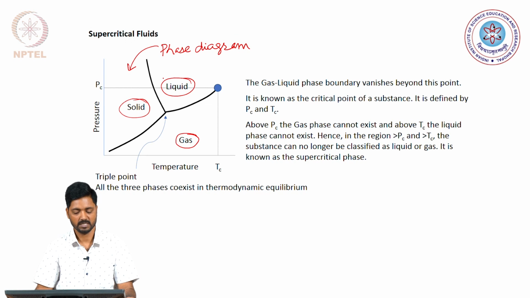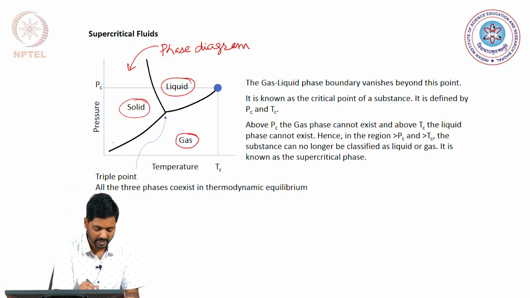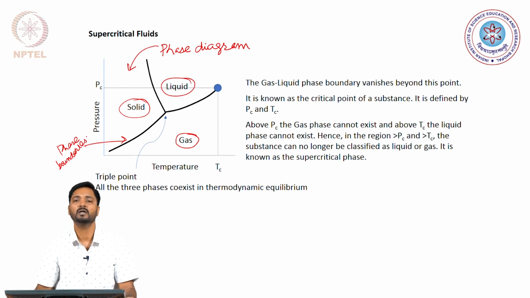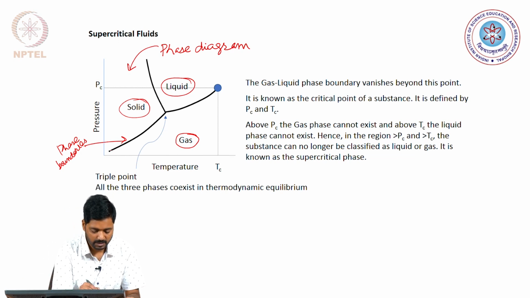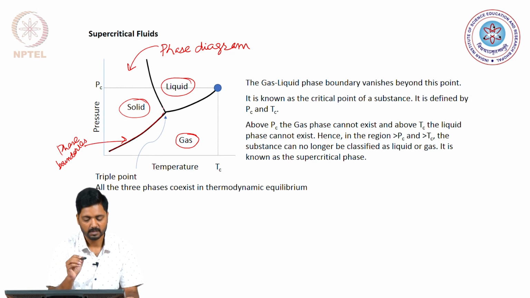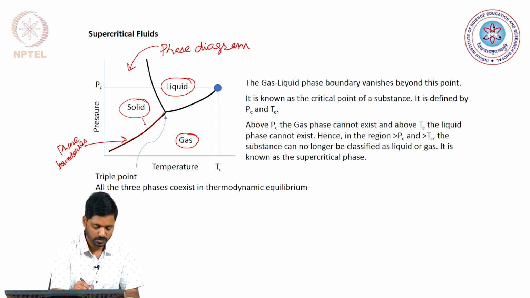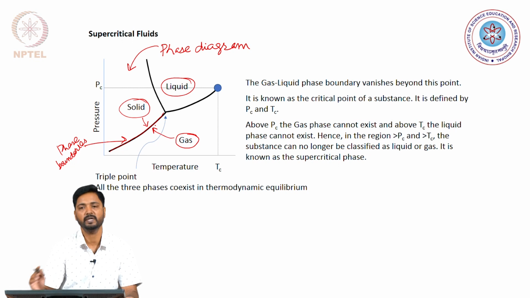substance present as liquid. So, we can create what are known as the phase boundaries, which are denoted by these black lines. So, these black lines are our phase boundaries where both phases do coexist. So, for example, this line here indicates the regime of pressures and temperatures at which the solid phase and the gaseous phase coexist.